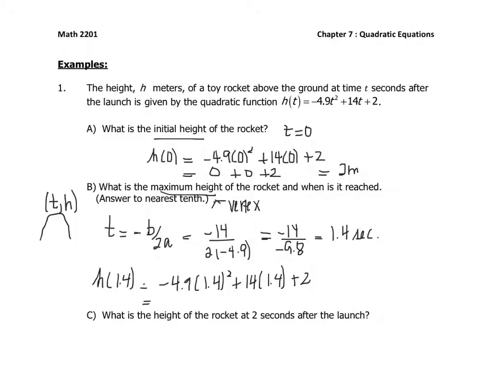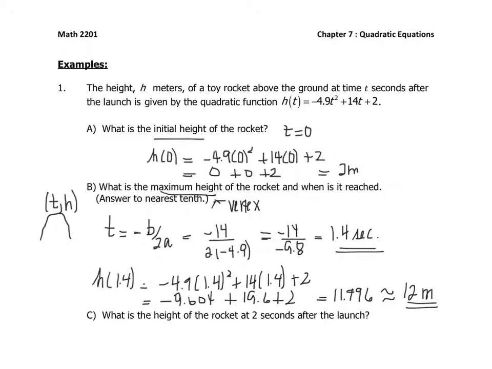And that will give you negative 9.604 plus 19.6 plus 2, which will give you 11.996, or approximately 12 meters. So 12 meters at 1.4 seconds.